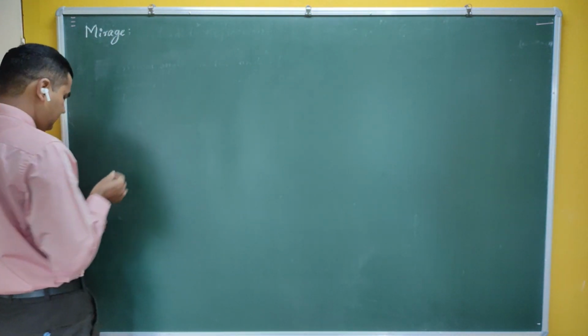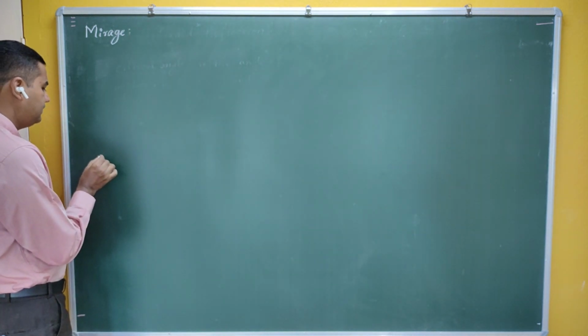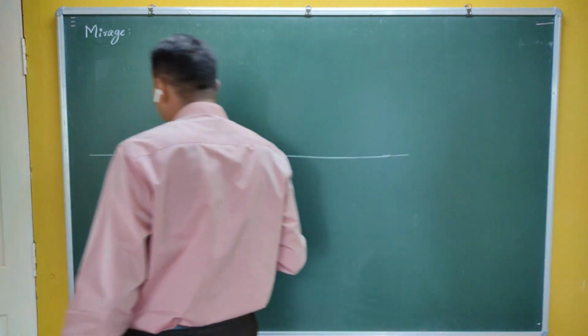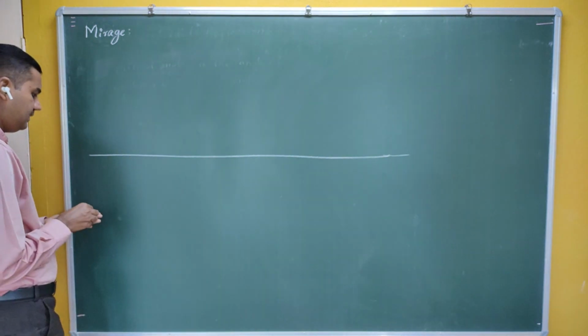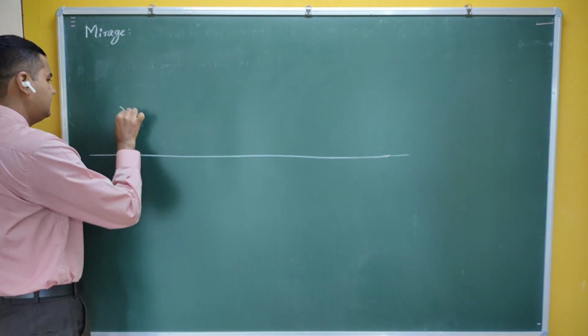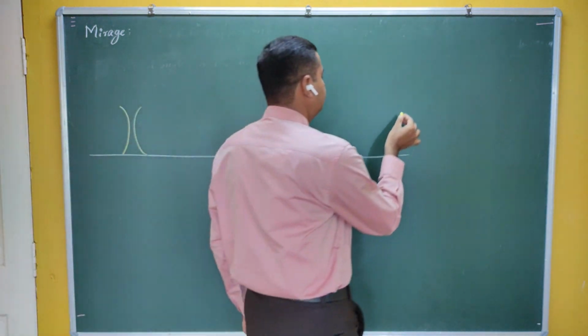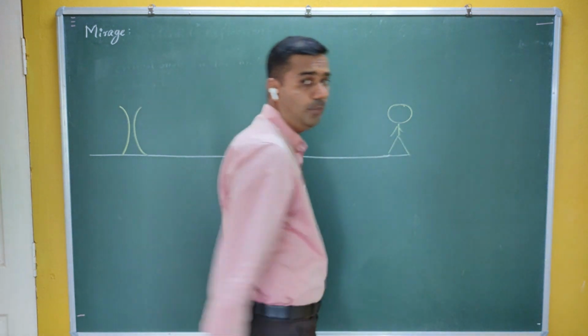Let me take a hot place, a desert, or maybe the summer season. An observer is there, very far from the object.